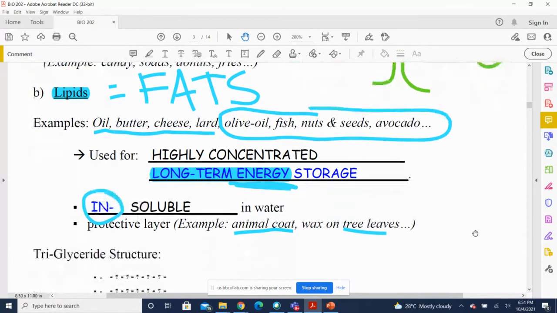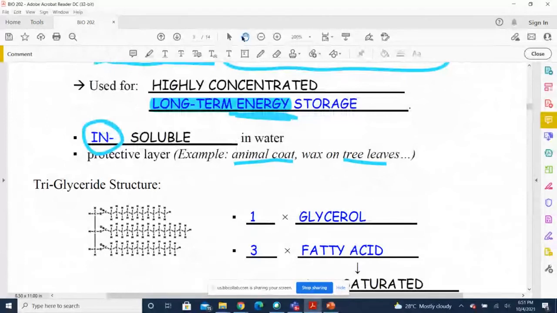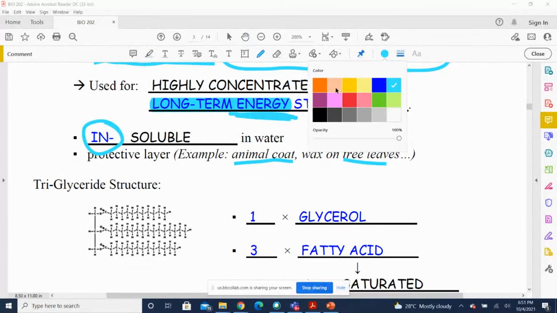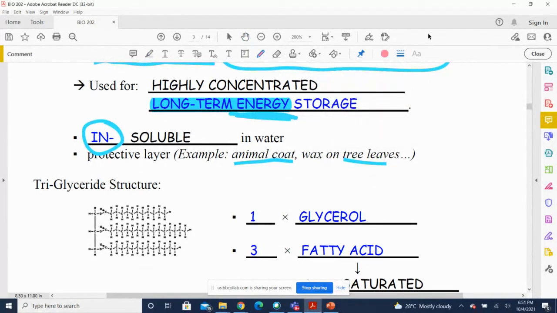When we talk about lipids, we do need to remind ourselves that lipids are made of triglycerides. So let's have a look at that part of the description. The glycerol part is what our three fatty acid chains are attached to.